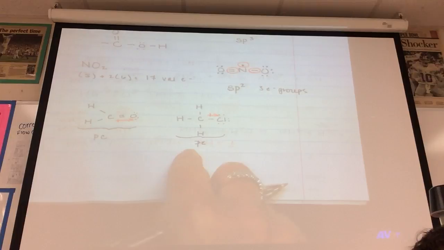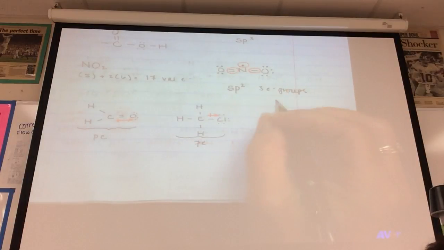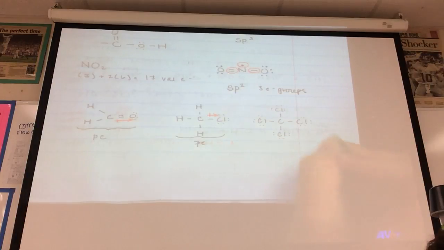Polar covalent molecules have London dispersion forces and dipole-to-dipole interactions. Why would this molecule be nonpolar covalent?